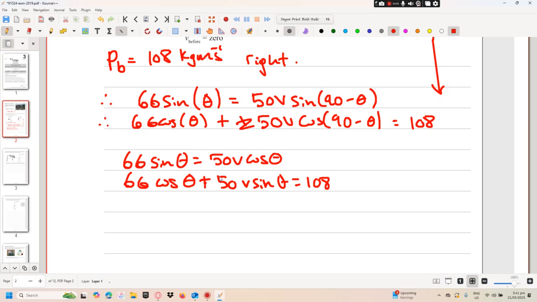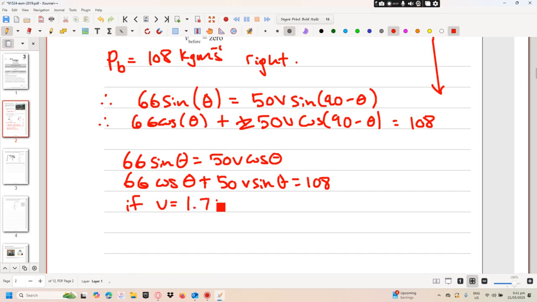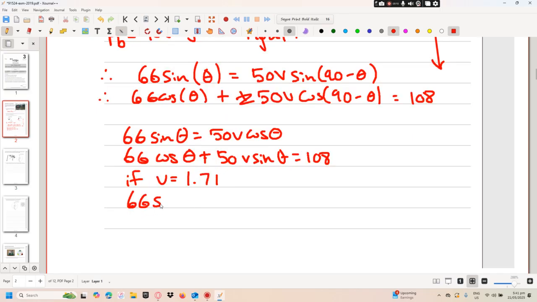That's interesting. If V equals 1.71, then 66 sine theta equals 85.5 cos theta, which implies that 85.5 divided by 66 is tan theta, so tan inverse of that gives theta equals 52.33.